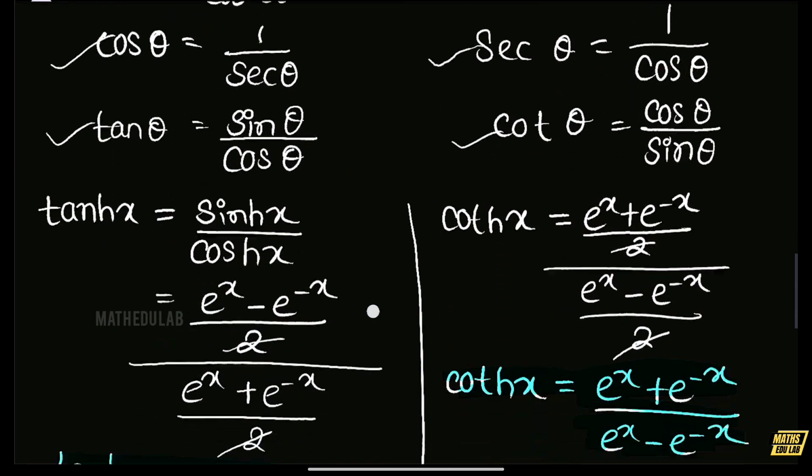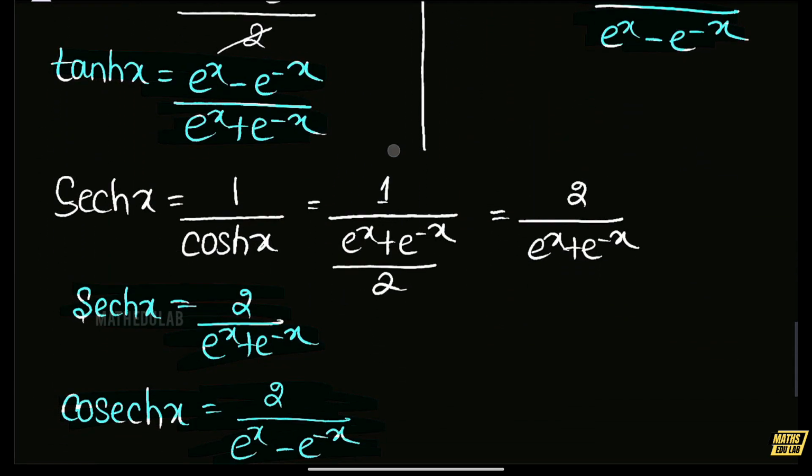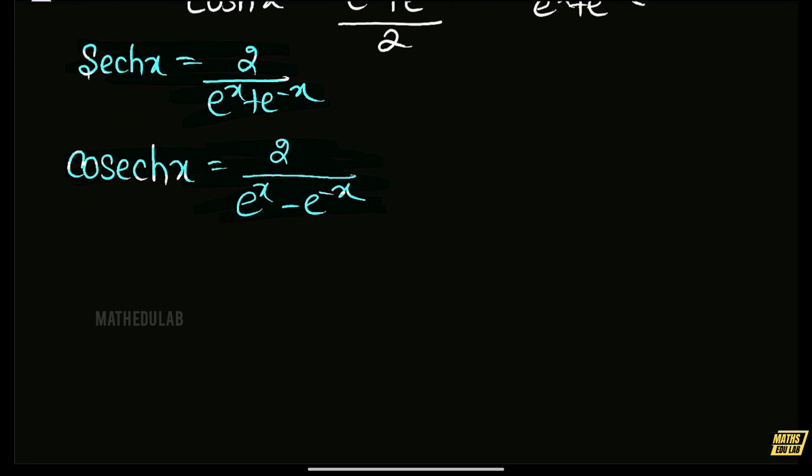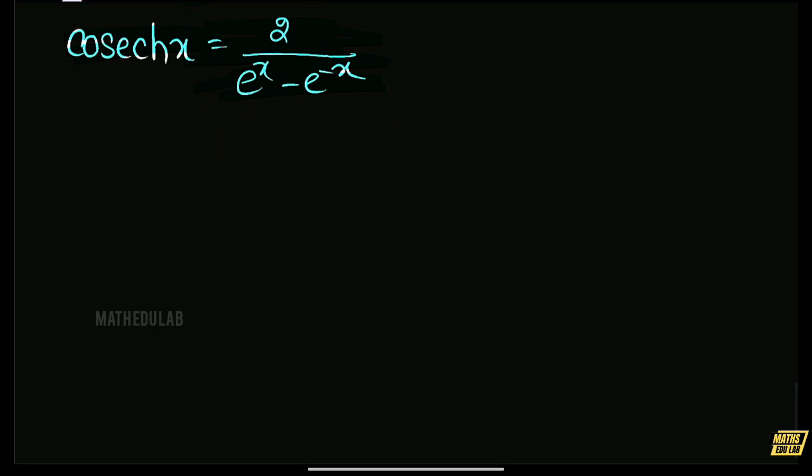Next we will discuss some more formulas by using these hyperbolic function formulas. So let's get started. Write it as formula 1, because we will discuss each type of formula by using the hyperbolic functions.